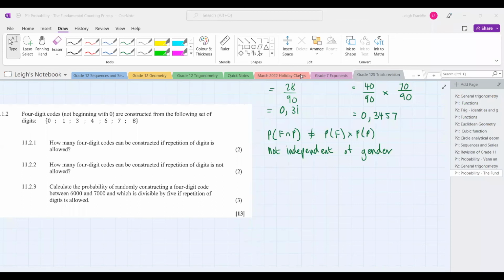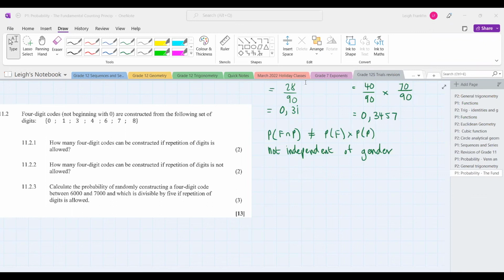We might not get to everything, but let's see what happens. In 11.2, they've given us a 4-digit code, not allowed to begin with a 0, constructed from the following set of digits: 0, 1, 3, 4, 6, and 7, but it cannot begin with a 0.